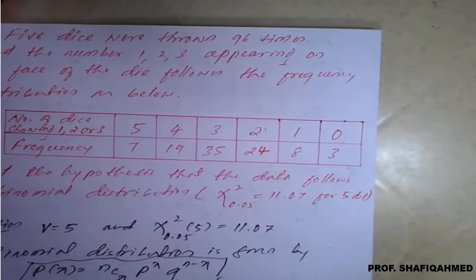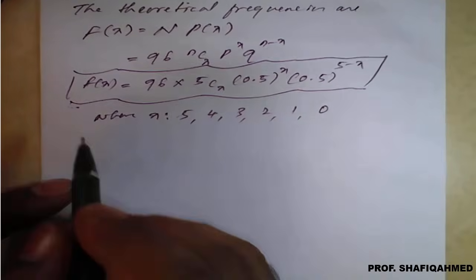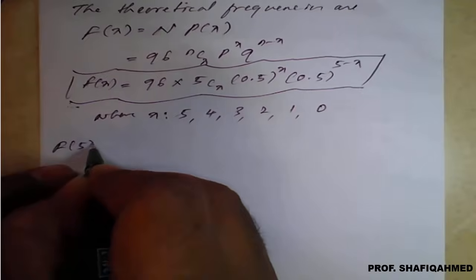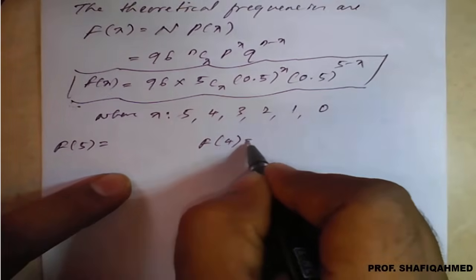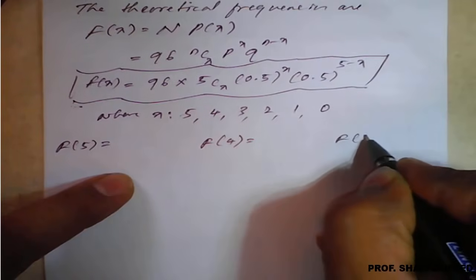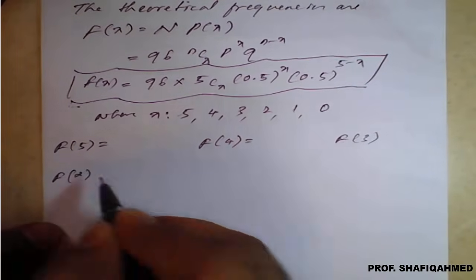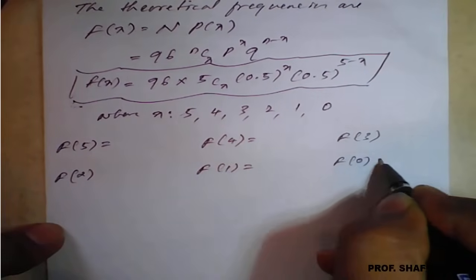So we'll take it in a similar manner. Therefore, we need to calculate first f of 5 value, then f of 4 value, then f of 3 value, then f of 2 value, f of 1 value, f of 0 value.